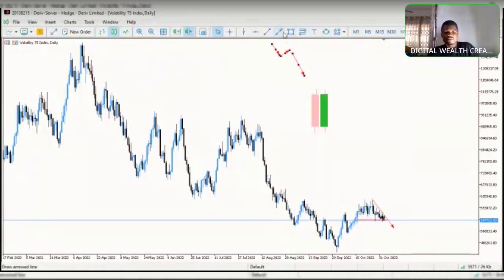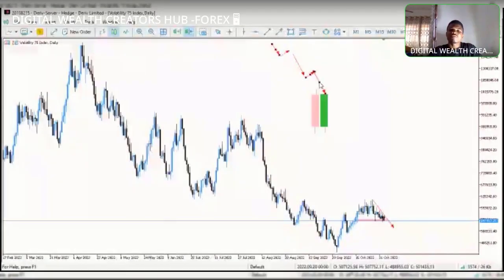I'm just drawing something over it to illustrate the movement of the market. So the market moved from the top and came down to this pink area. The market was in a downtrend, moving from the top and coming down like this. So this is a typical downtrend.